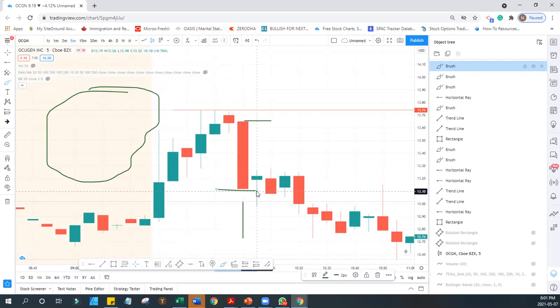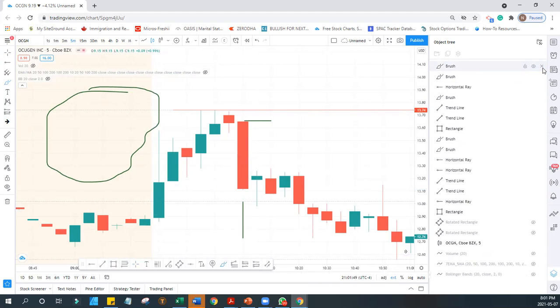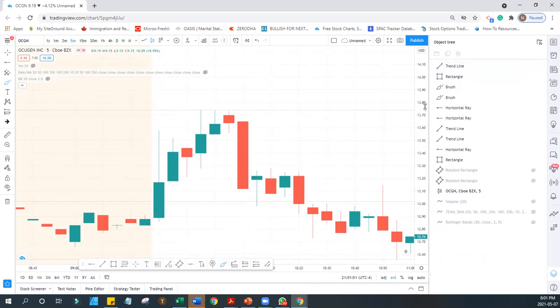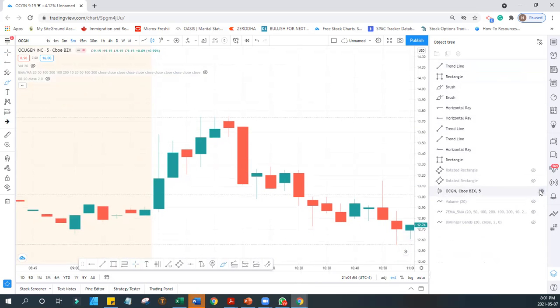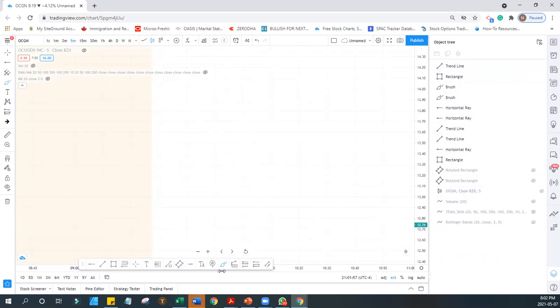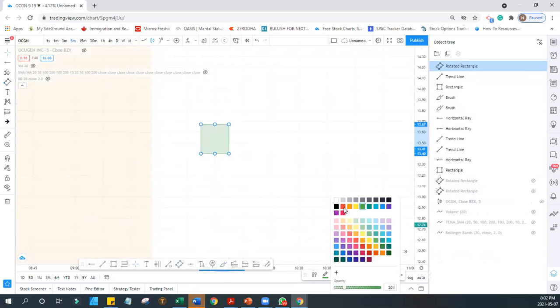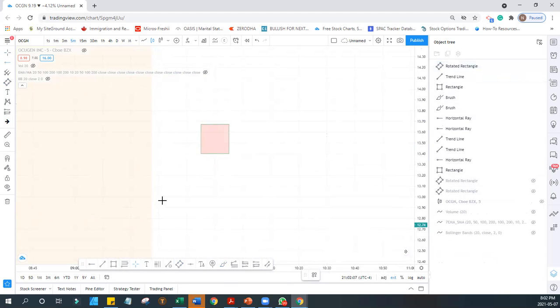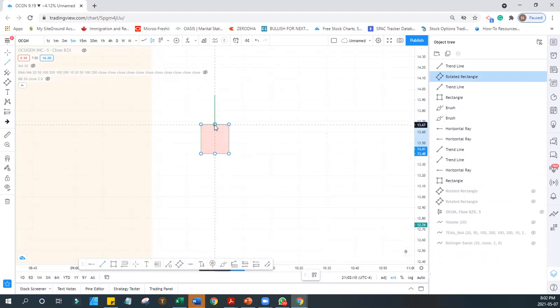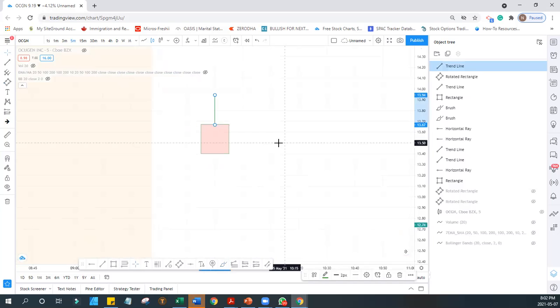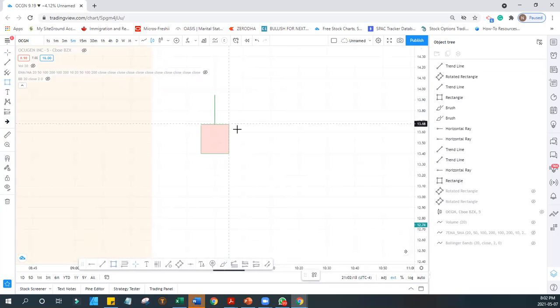If you want to take a trade with a bearish candle like a hammer, let's make it a green candle, and it comes on a resistance area, that candle is showing you that the trend is changing.